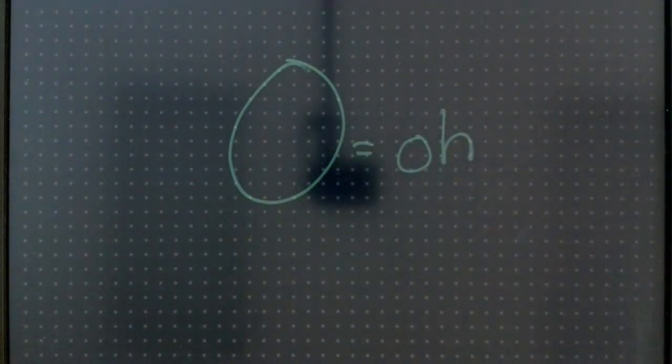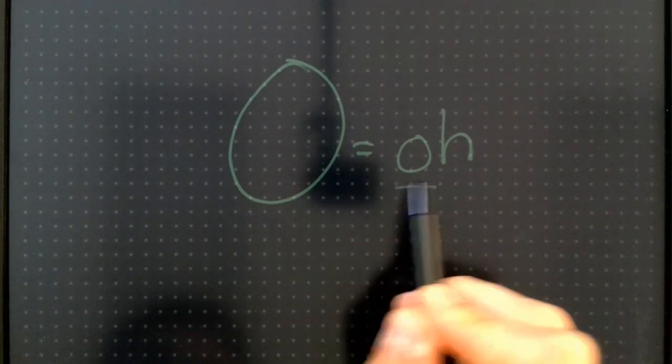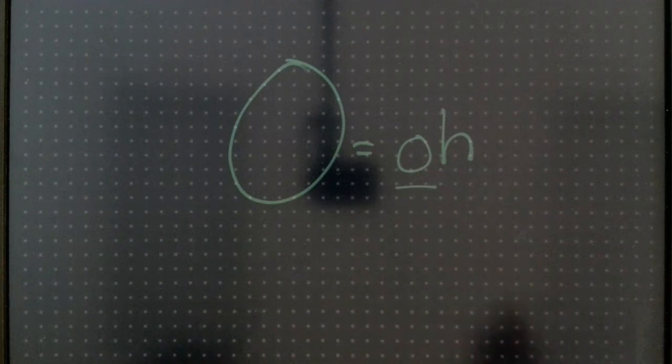But this one we have to be careful with. So it's O, but later we're going to get to the letter U, which some people kind of get these two confused at times. So we have to be careful that we pronounce this O with rounded lips, as if we're making the O shape with our mouth. So it's O. Alright, and up to this point we should have A, B, C, D, E, F, G, H, I, J, K, L, M, N, O.